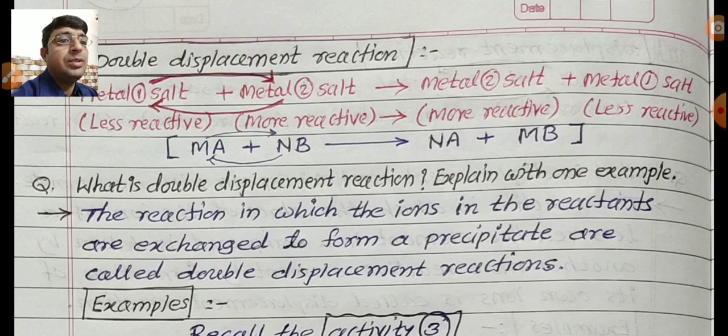So metal 2 is going there. You make the correction here. Metal 2 takes the place of metal 1. So what do we write here? Metal 2 salt less reactive and metal 1 salt more reactive. Make the correction here on the right hand side. Less and more, these two words are exchanged. So I am writing in short form MA plus NB. So M and N are the metals, they exchange their places and form the new products NA plus MB.